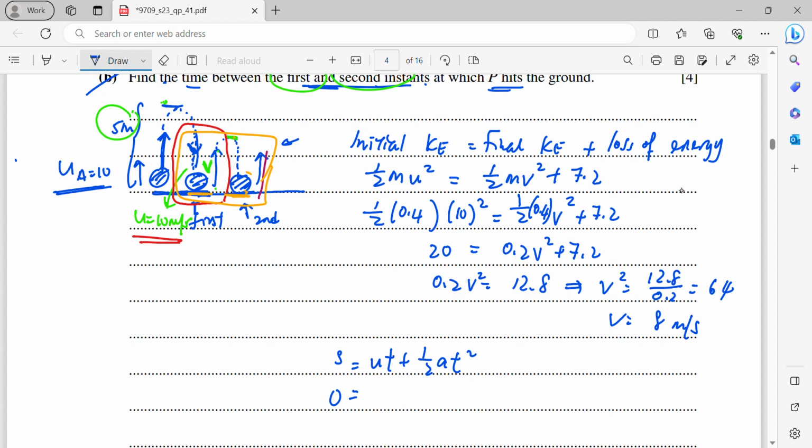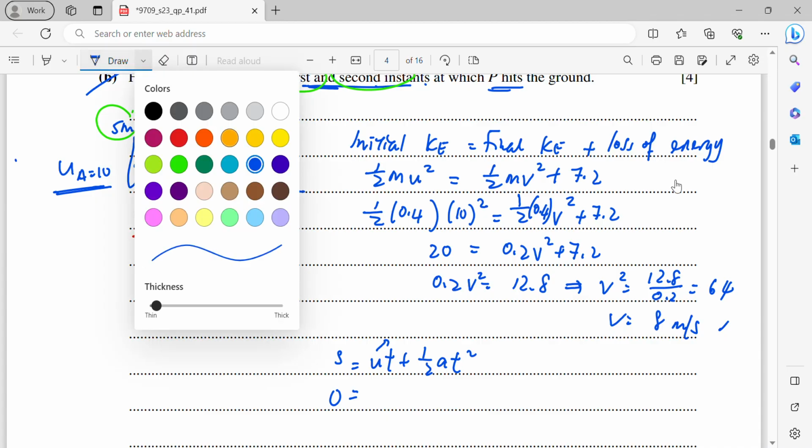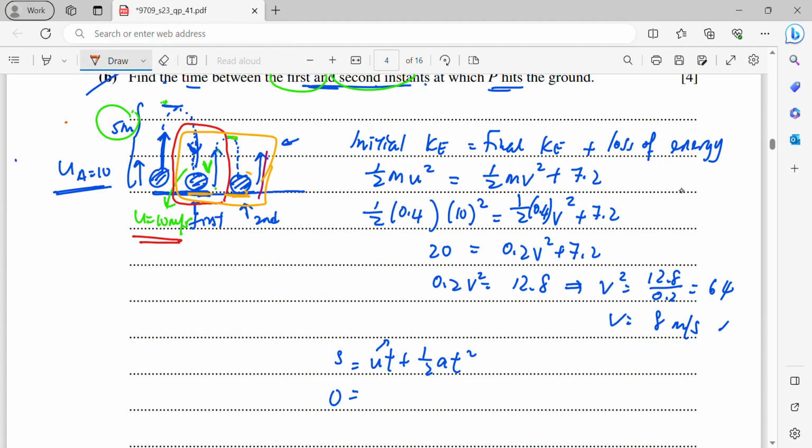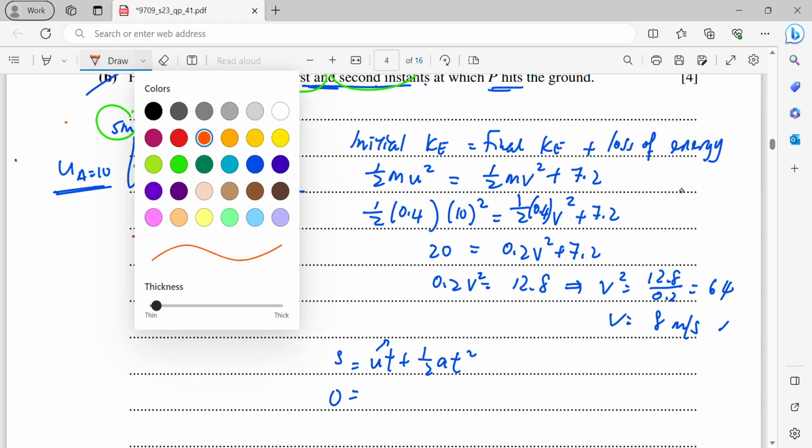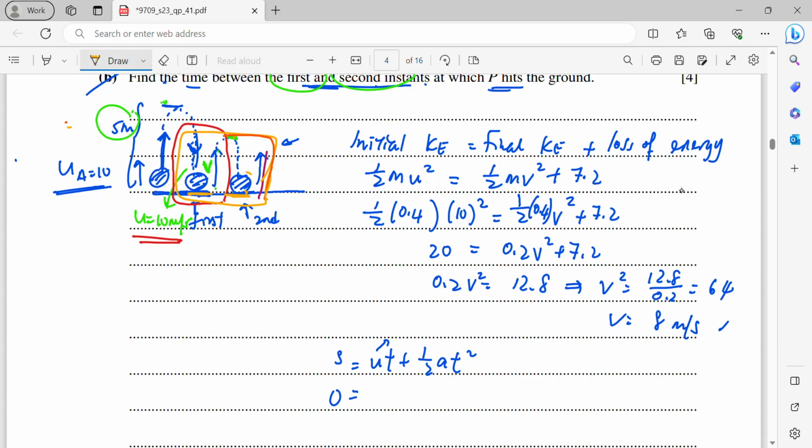Then my u here will be my v, right? Because when you look at the whole picture, this v becomes our u.